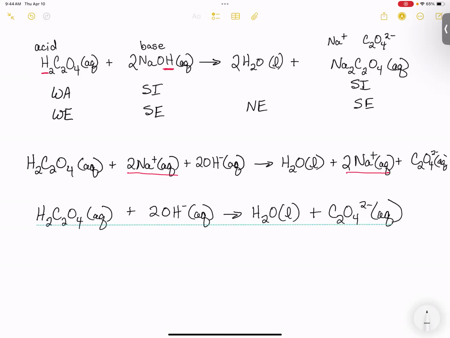And that, folks, is your net ionic equation for a weak acid, strong base neutralization reaction for oxalic acid.